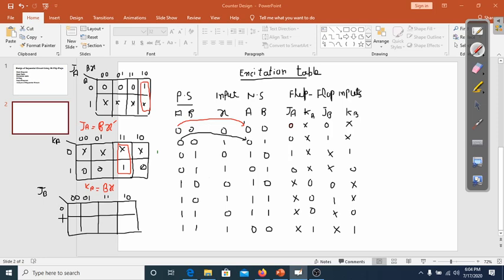This is for A, 0 and 1. This is for B and X. So here you can see for the 0 0 0 combination, JB is equal to 0. For 0 0 1, JB is equal to 1. For 0 1 1, JB is don't care. For 0 1 0, JB is don't care.